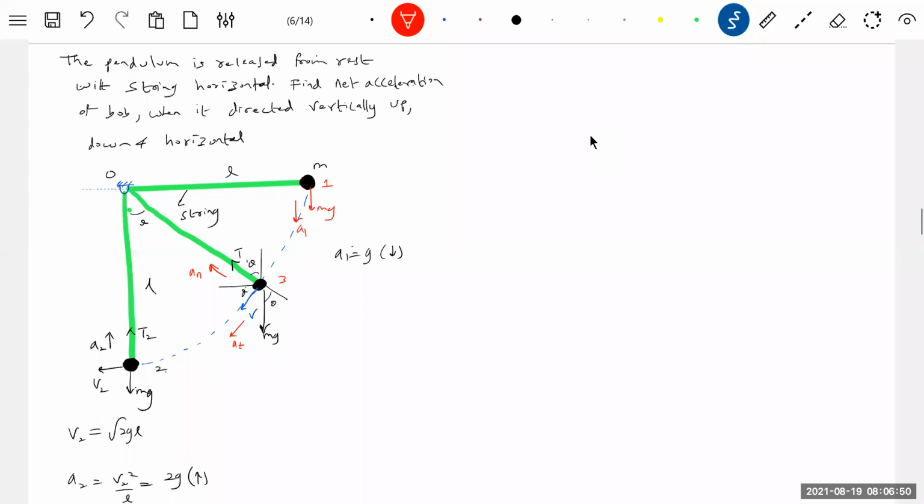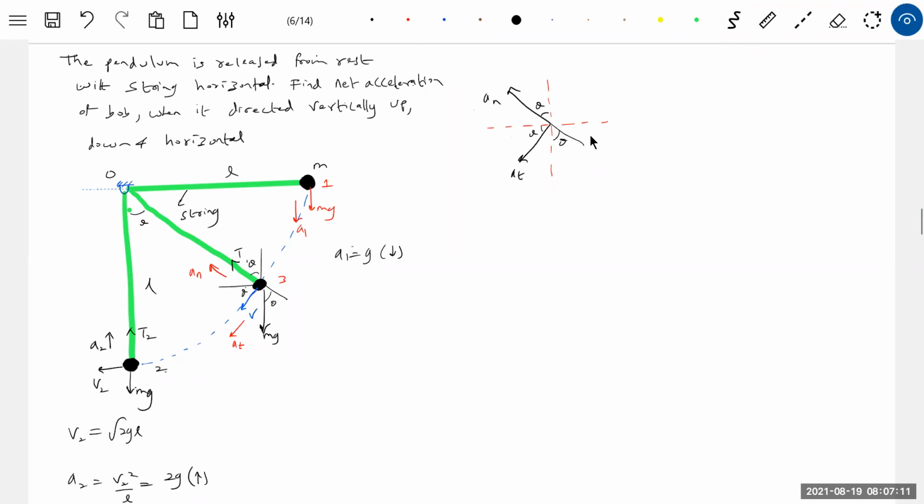If this is the string, a tangential is like this, and this is a normal. Call this theta; this will also be theta.